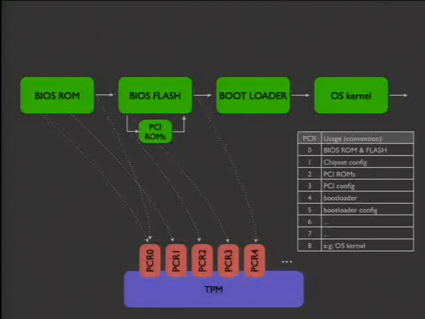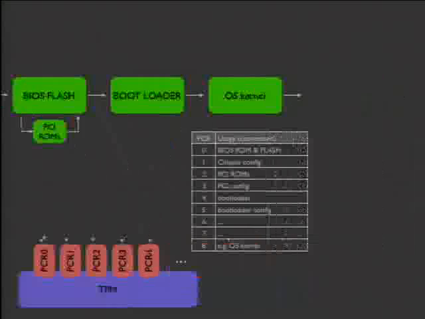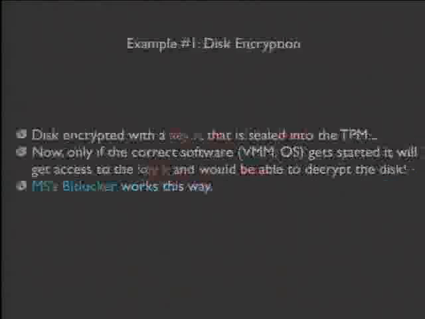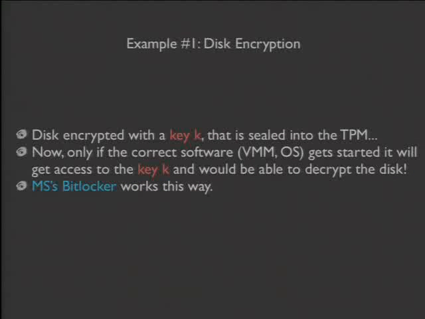So, SRTM in practice. Disk encryption. Microsoft BitLocker works exactly this way. The disk is encrypted with a symmetric algorithm using some key K. And this key K is sealed into the TPM using the particular PCR registers that have been recorded when the system was clean, when we know the system is clean.